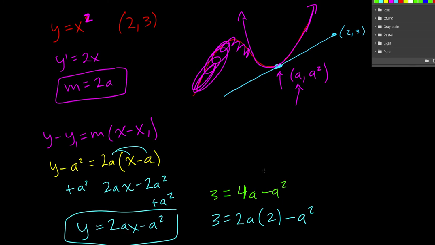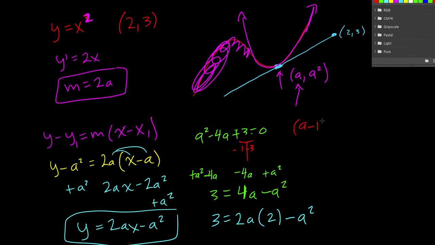Now I'm going to move everything onto the other side, so I'm going to add a squared, subtract 4a, add a squared, subtract 4a. So I get a squared minus 4a plus 3 equals 0. We can factor that, 1 and 3, make those both negative.